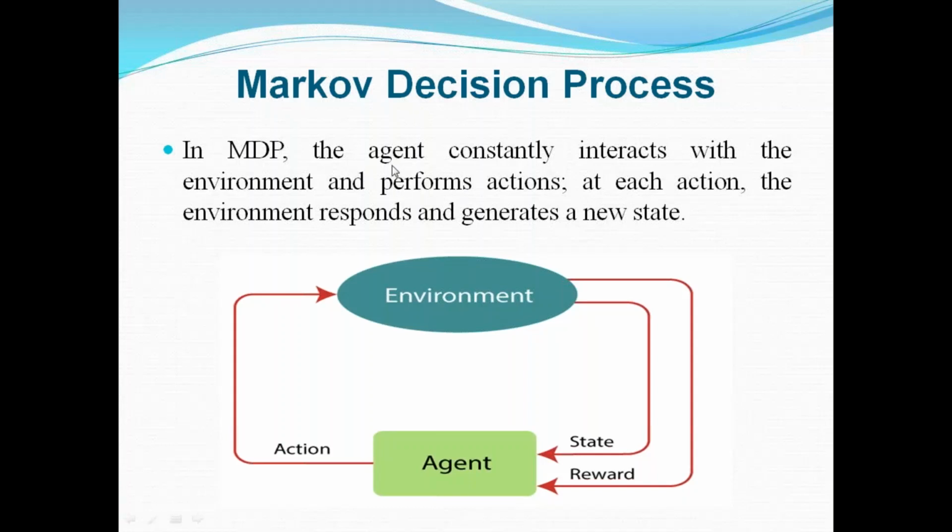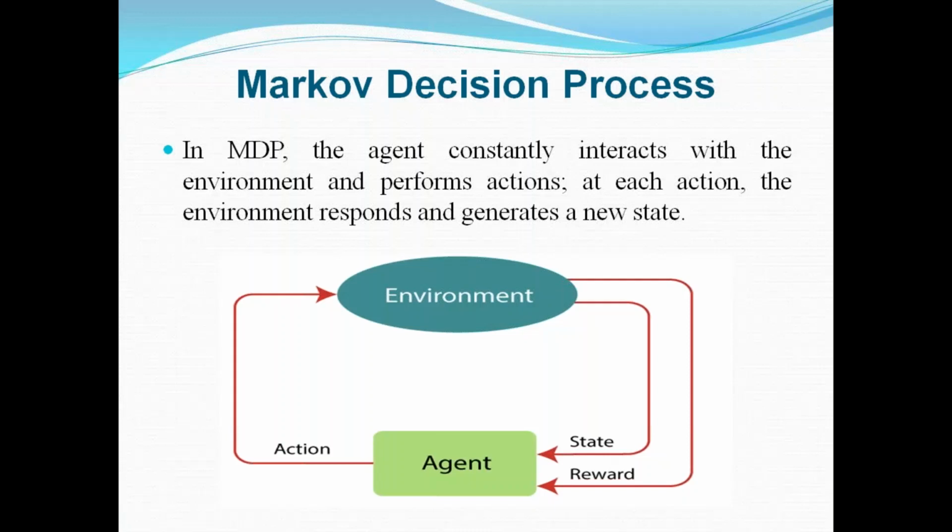An agent constantly interacts with the environment and performs actions. That is the reinforcement learning algorithm. And in each action, the environment responds and generates a new state. So an action is performed in the environment, and it generates a new state and a new reward.